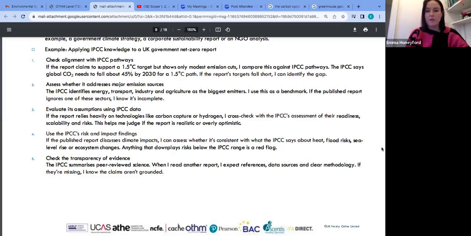So checking the transparency of evidence. The IPCC summarises peer-reviewed science. When we read a report, we expect references, data sources and clear methodology. If they're missing, we know that the claims aren't grounded.